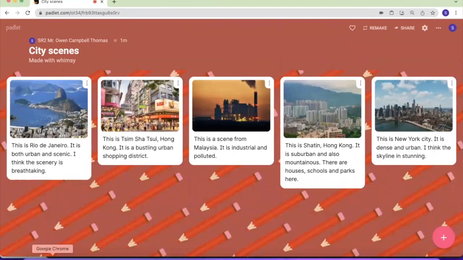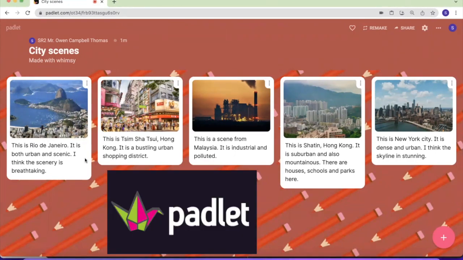The students are now going to find a photo online of a famous city scene, and then they're going to write some sentences about it using the language that I taught them today. I think Padlet is nice for your productive task at the end, because students can share their work easily and they can jazz up their work by adding pictures, which will again motivate them to do the task to a high standard.